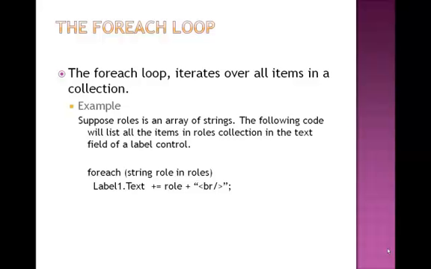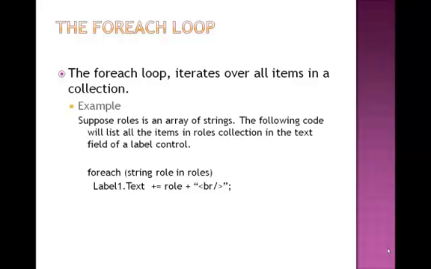So to simplify the code we previously saw, in terms of running over an array of strings and adding them to the text of a label, you could run foreach string in roles and add them into the label.